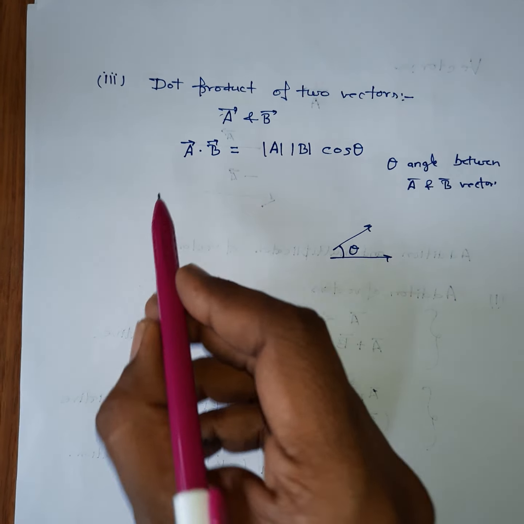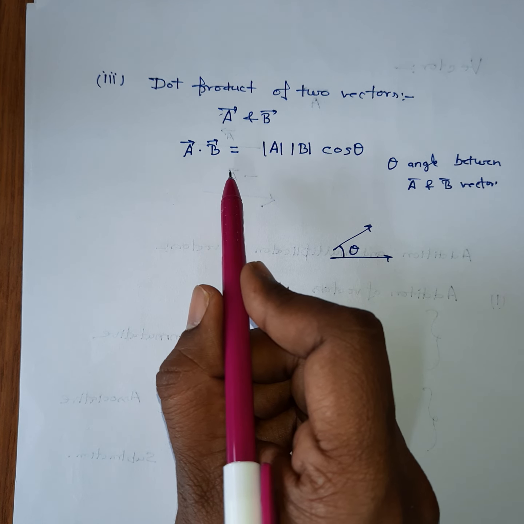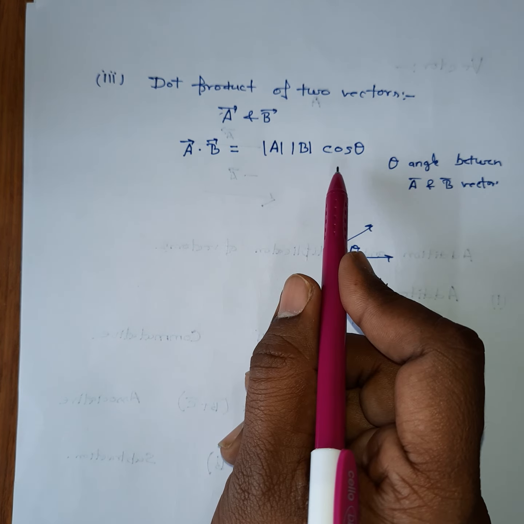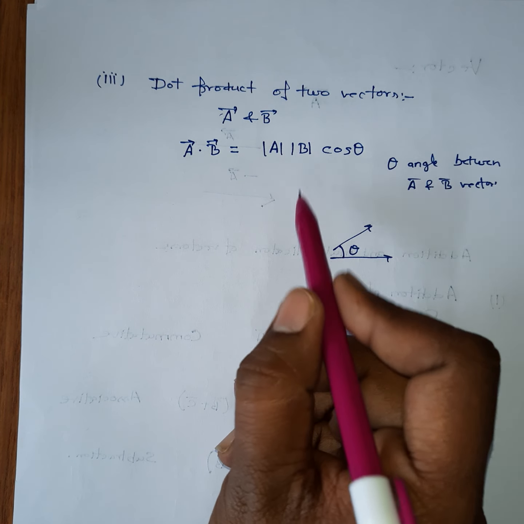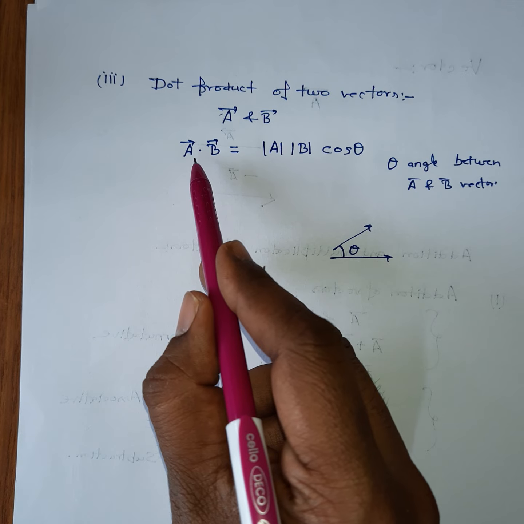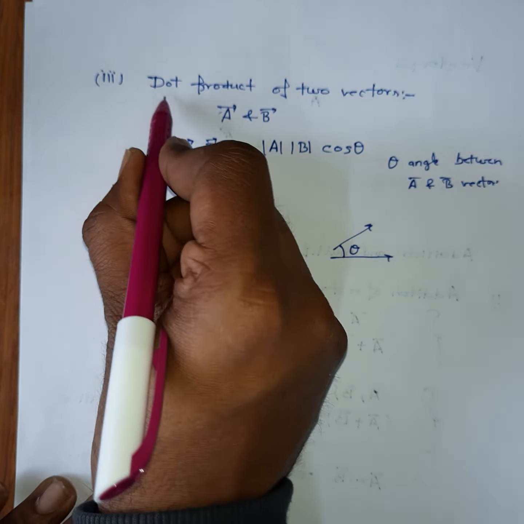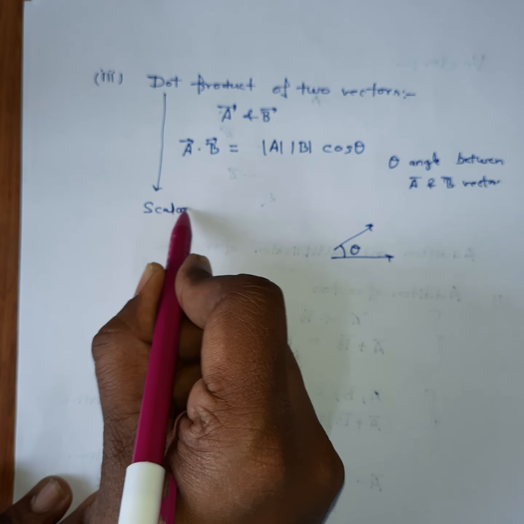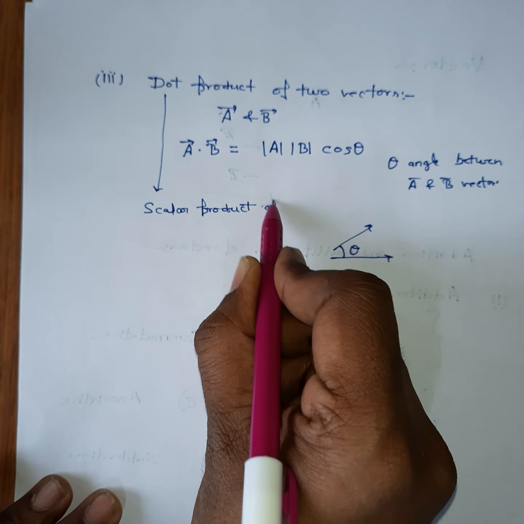So you can note that dot product, that is A dot B, is a scalar quantity. That is the magnitude, and it gives some scalar quantity. So this dot product is also called scalar product of vectors.